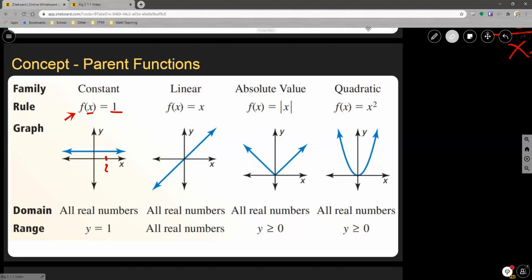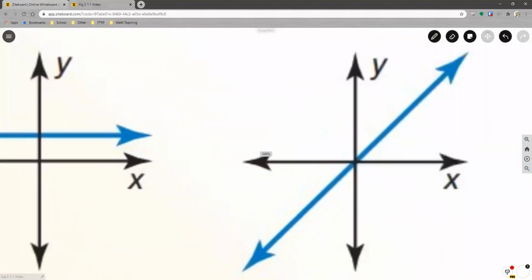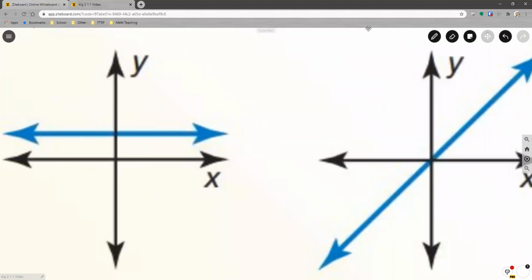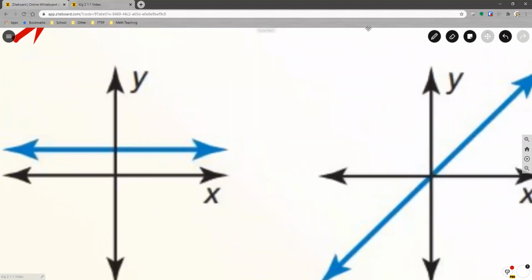Let's try this out. So here's my graph. If I plug in x equals 2 into this function, remember the function was f of x equals 1. It doesn't matter what my input is, it's always going to output a value of 1.